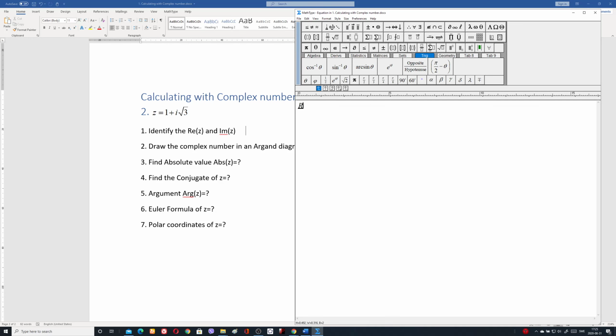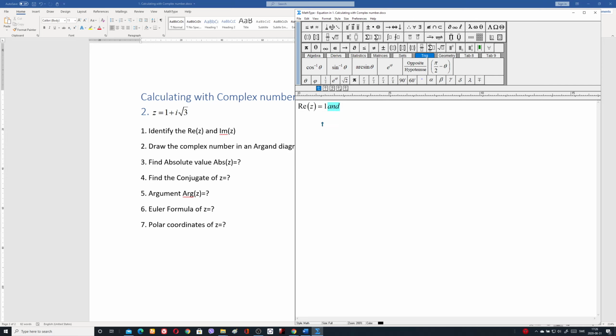The real part of this complex number here is 1. And I'm sorry.